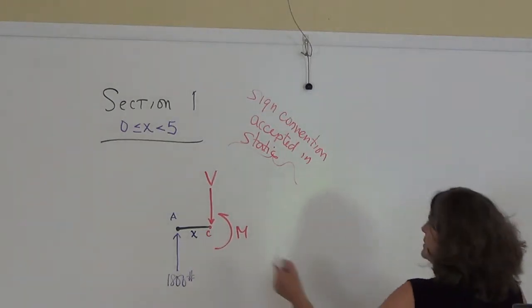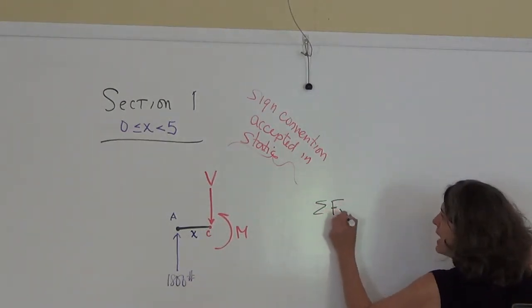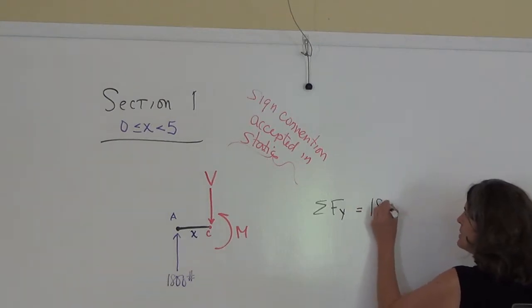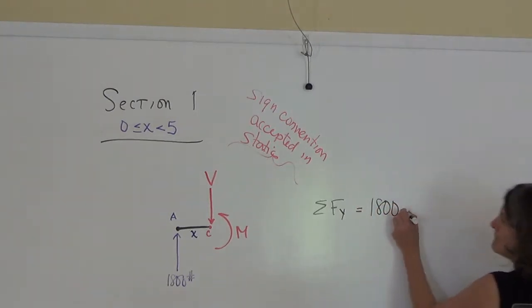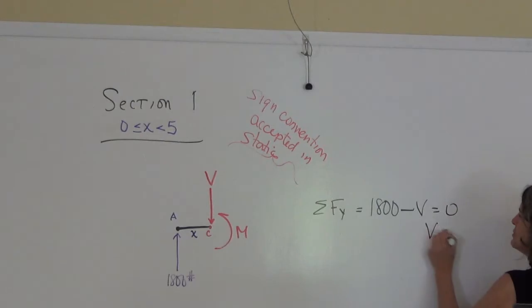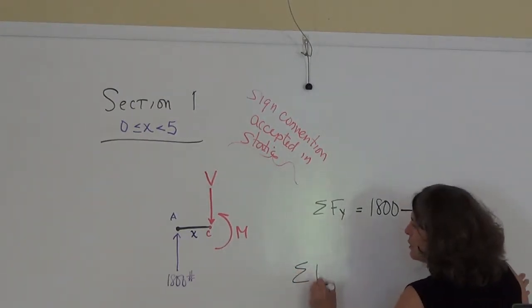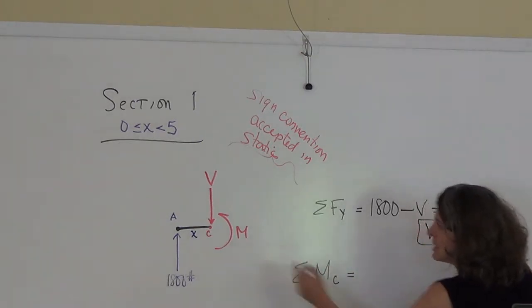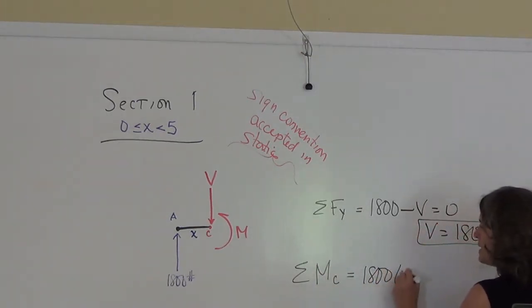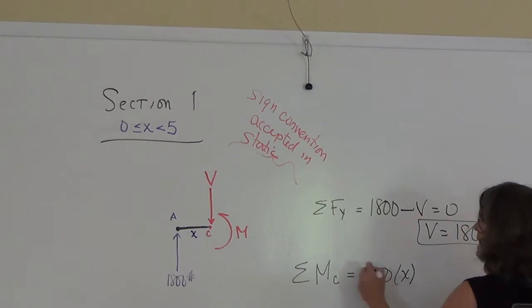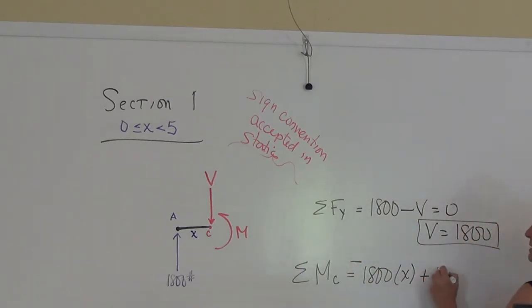So then I'm doing my sum of the forces in the y: 1,800 minus V equals 0, and V turns out to be 1,800. Sum of the moments about the cut is negative 1,800 times x plus the moment at the cut equals 0, and the moment turns out to be 1,800 times x.